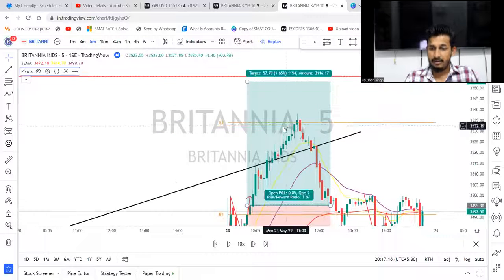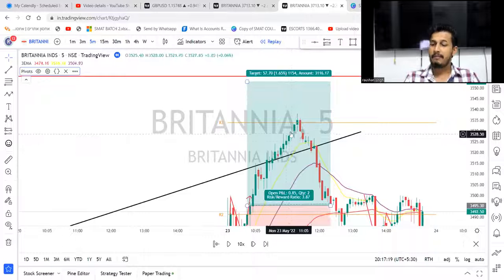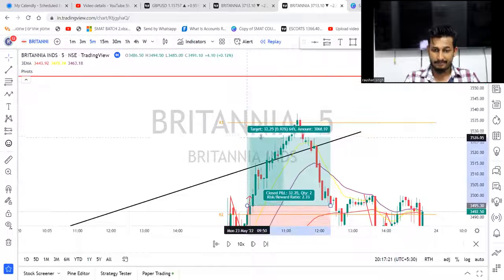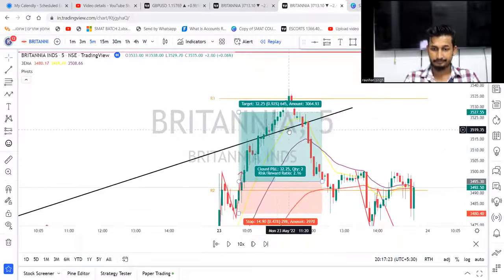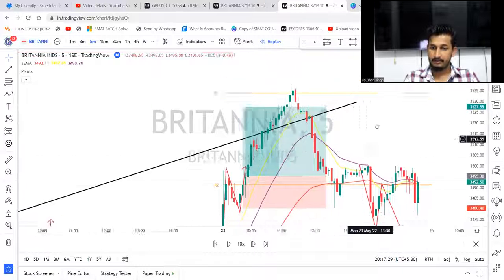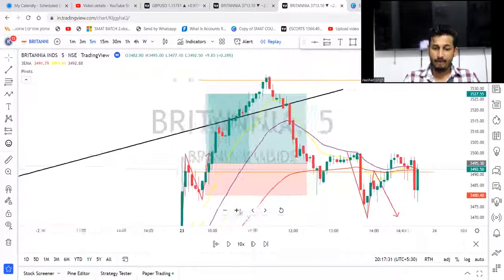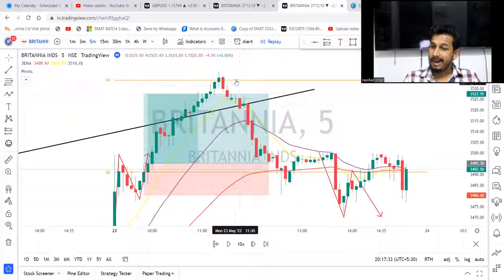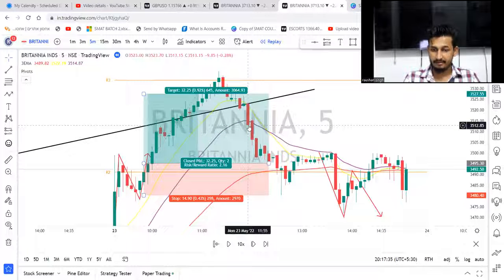I told you the level, around 35.30. I had kept my target till here only, and the market reversed. Last time it came downside from somewhere here. My next trade would have formed when the market is reversing from the resistance level.